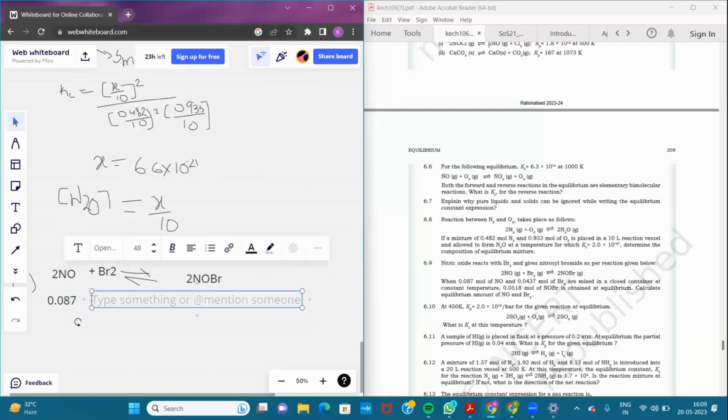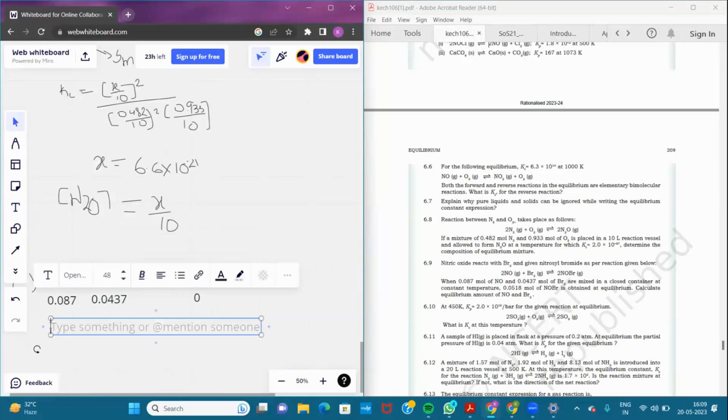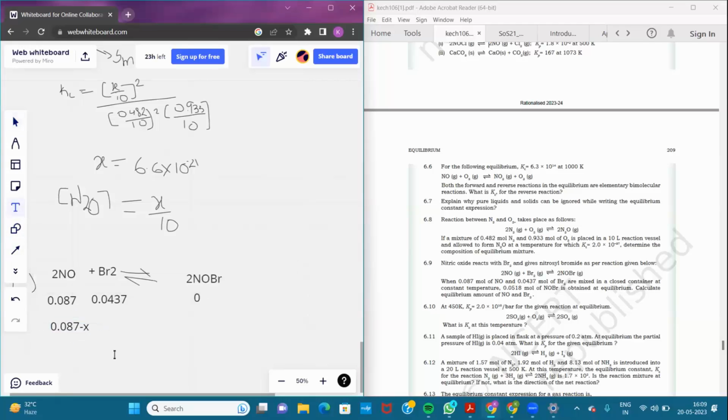and Br2 value is 0.0437. Sorry, and initially NOBr is 0. At equilibrium, this would be 0.087 minus some x, where x is the amount reacted. Then this would be 0.0437 minus x by 2. And at equilibrium, this would be x.